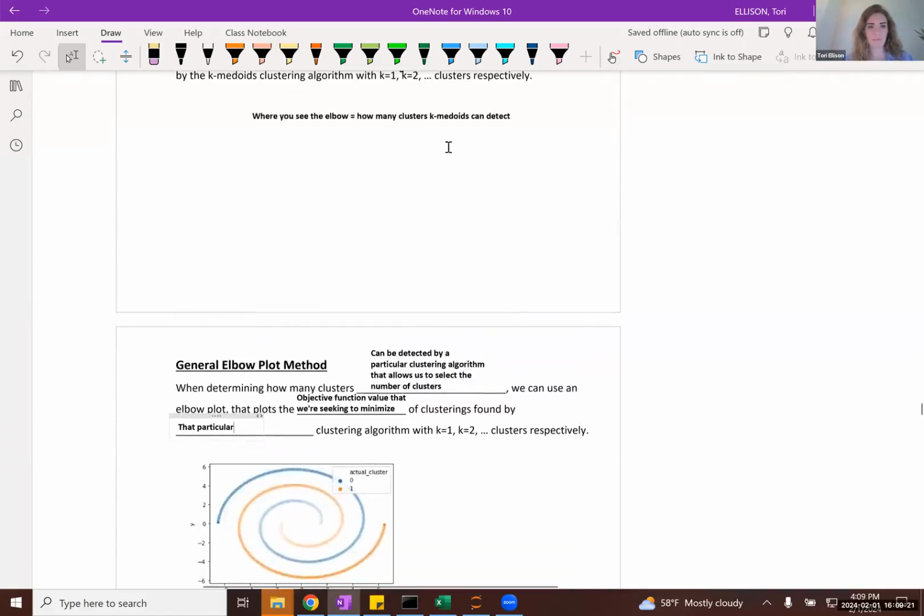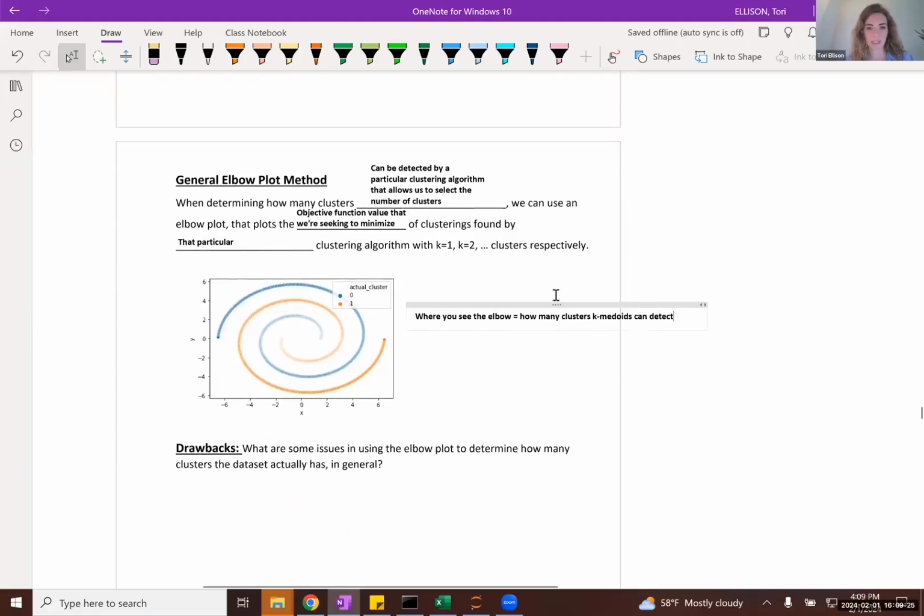And again, if you see an elbow, what this suggests is wherever you see that elbow is how many clusters that particular algorithm can detect.